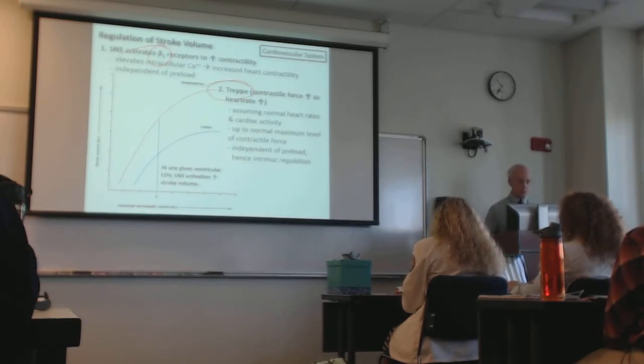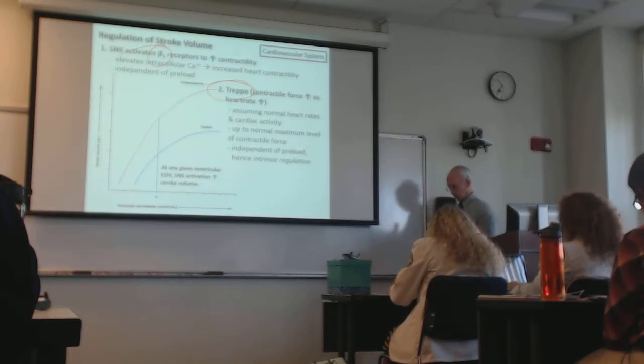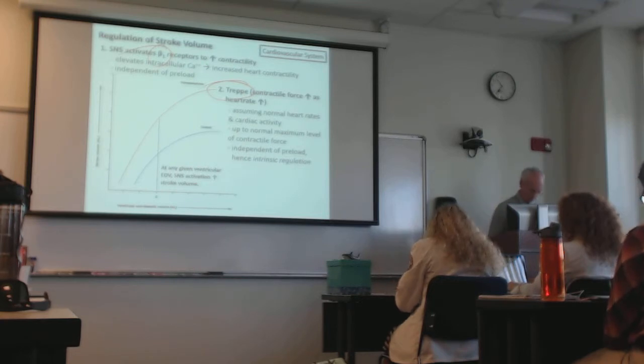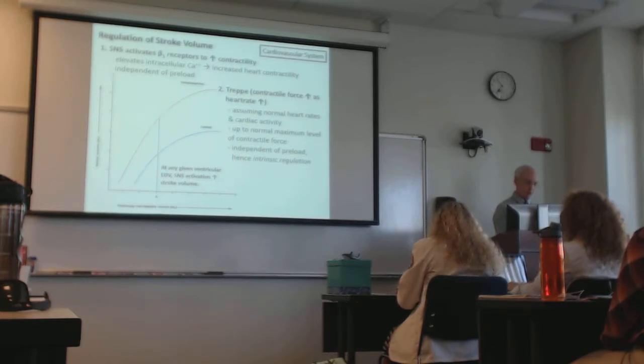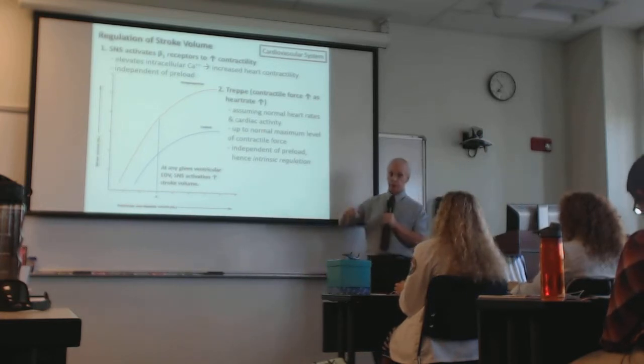We talked about treppe with respect to skeletal muscle. Remember, the idea there was with each successive low-frequency contraction, the force of contraction would increase up to fatigue. Treppe in cardiac muscle means something a little different. It's basically saying that heart rate and contractile force are directly related. We talked about that before. That's an intrinsic regulatory mechanism.